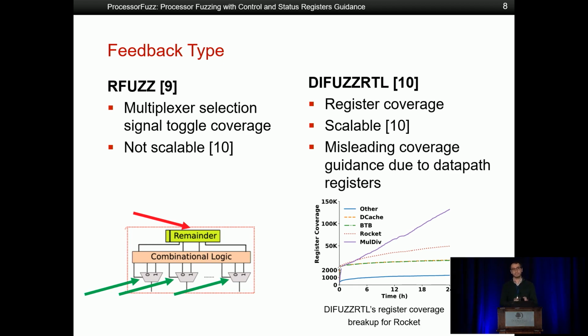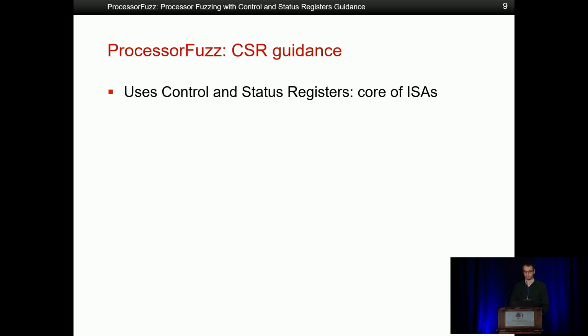But the question is, is it really so interesting to generate more inputs with an input that includes just a couple of multiplication operations? As you can see in the figure, on the y-axis we present the register coverage, and on the bottom you see over time how much the multiplication and division component contributes to the coverage. It is a huge part.